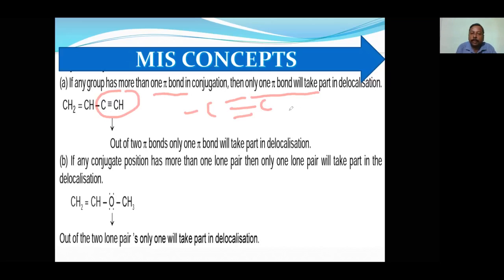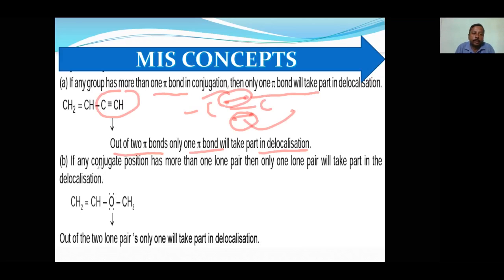If anybody asks how many electrons can be delocalized, the delocalizable electrons are four. But at a time, either these two will be delocalized or these two will be delocalized. So out of the two pi bonds, only one pi bond will take part in delocalization at a time. Both pi bonds will not be delocalized at the same time.